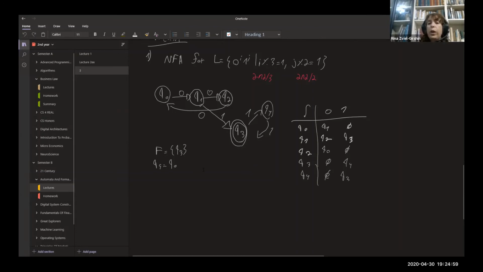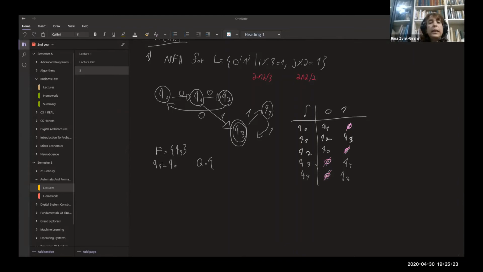So now that we have a drawing, the next question is to define where we move with 0 to give a 5-tuple. So let's start the solution of the formal definition.